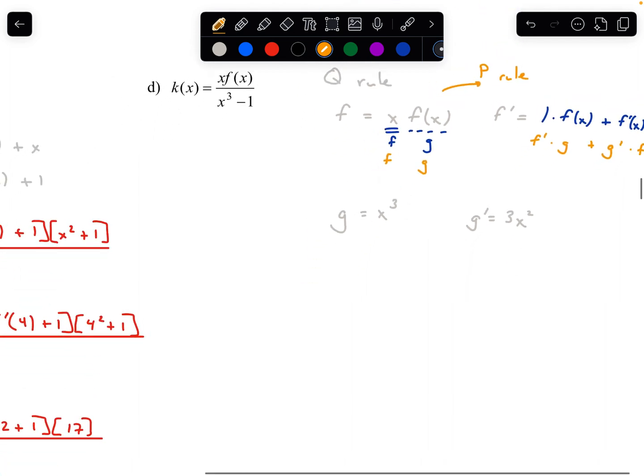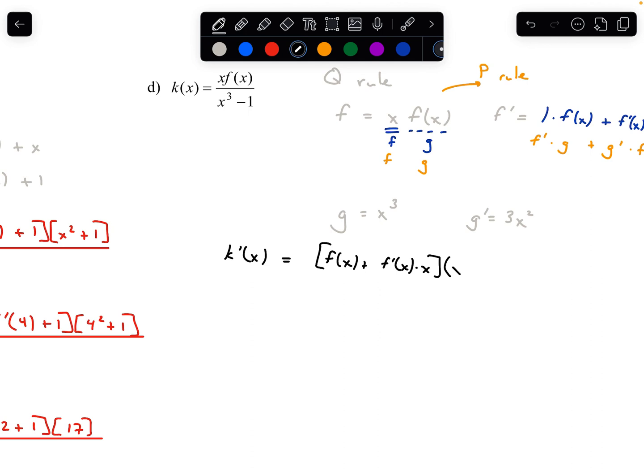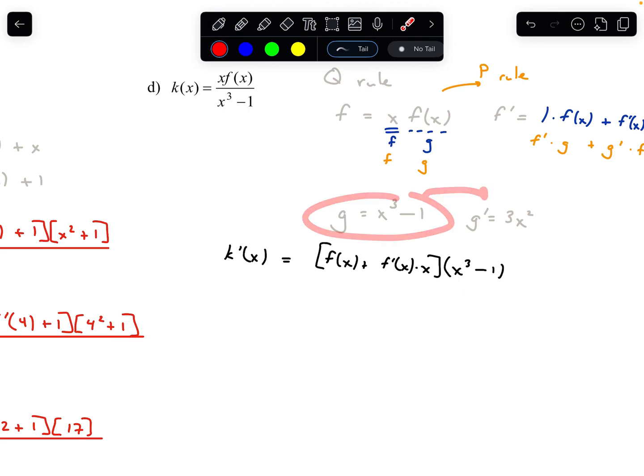And so k primed, this derivative, is equal to f primed times g. And I wrote that wrong the first time there, so that's g. Didn't matter for g primed.